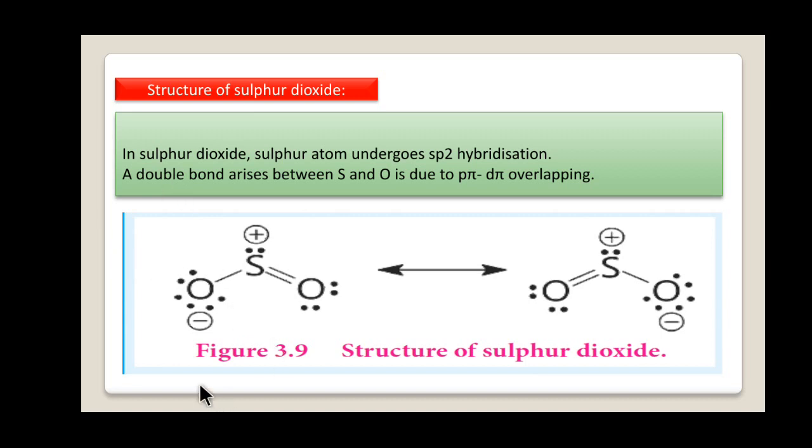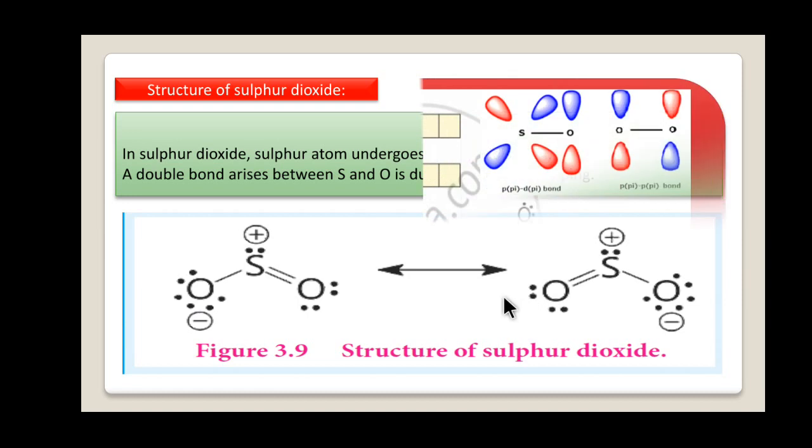Based on this rule, oxygen has 6 electrons, 1 2 3 4 5 6, and one more present, so around 7. So excess of electron, so it is minus. And sulfur 1 2 3 4 5, so one valence electron is deficient, so it is a plus. So these two structures are resonance structures. By shifting the lone pair to a bond pair, the bond pair breaks to form a lone pair. So it is a resonance structure.